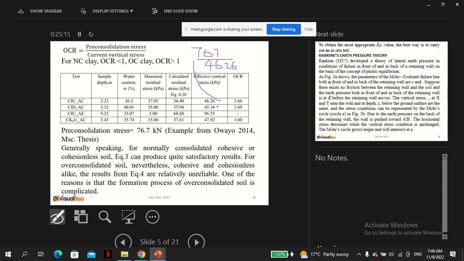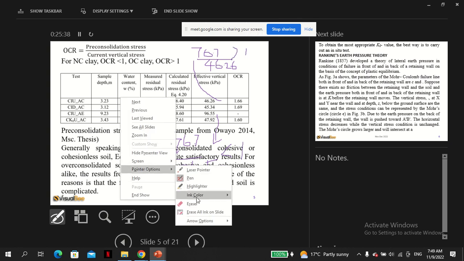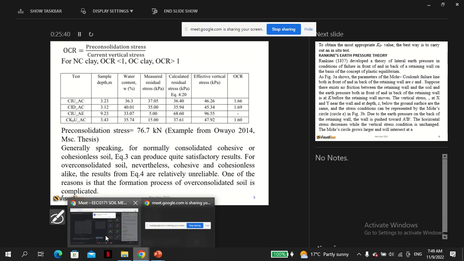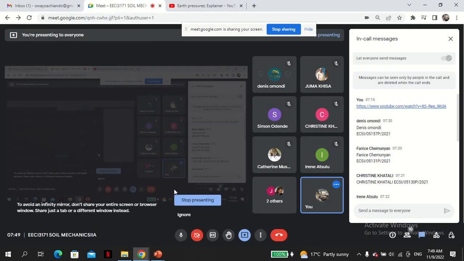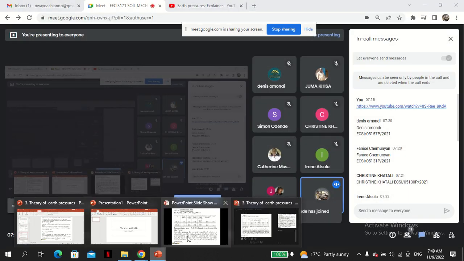For the other, we usually don't do this, but the ratio would be 76.7 divided by 96.5. You can see this value is less than 1 and this is more than 1. That should give you a clear idea of what the over-consolidation ratio is.